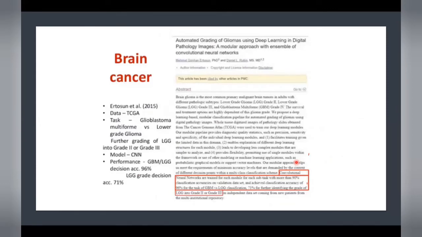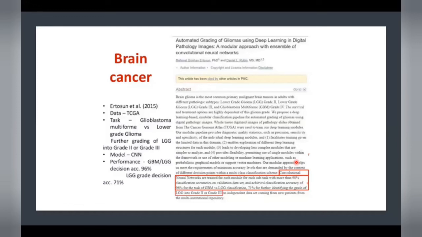Brain cancer. So Atterson et al. in 2015 took that challenge, and he fed in images which, through the algorithms of machine learning, can actually identify glioblastoma multiforme from a low-grade glioma with an accuracy of 96%.